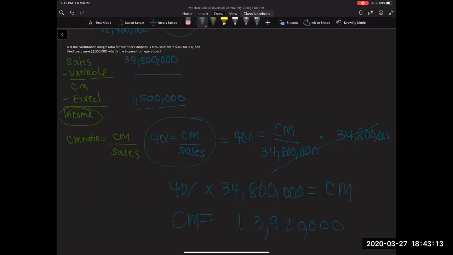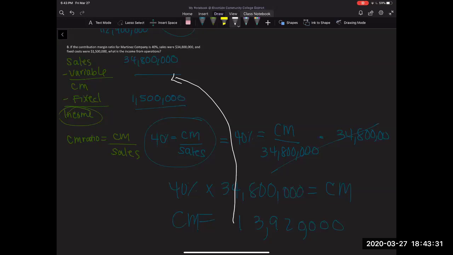Now we have that. I know this is going to look weird and odd, but now we can put that here, and that allows us to continue with our problem so we can figure out our income from operations.